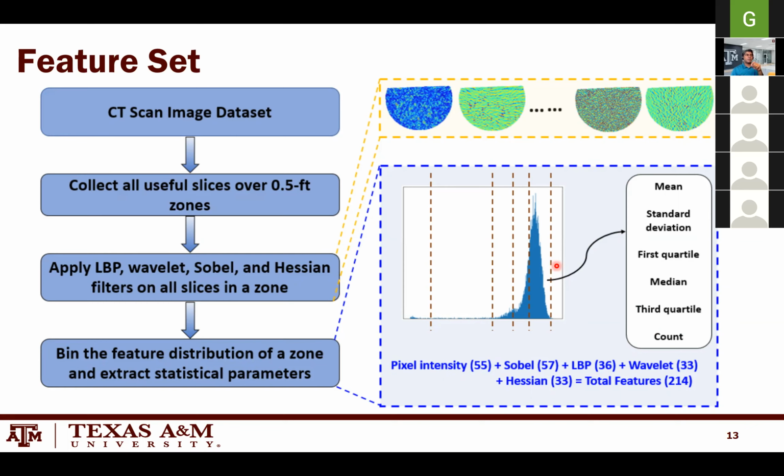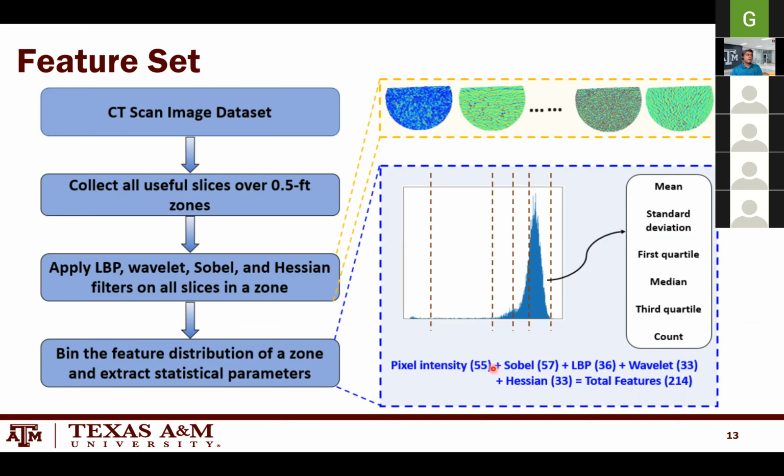Different features will have different bands, and for each of these bands, we are extracting some statistical parameters. So let's say for this particular feature, we have 6 bands. For 6 bands, we extract 6 features each, so 36 features are generated for this particular feature extraction method.